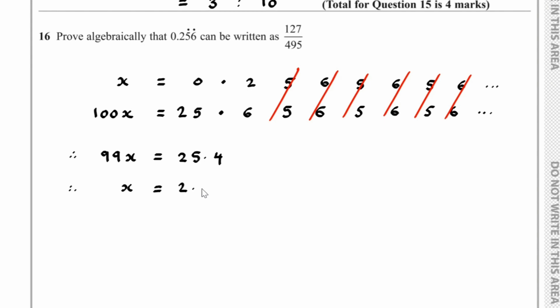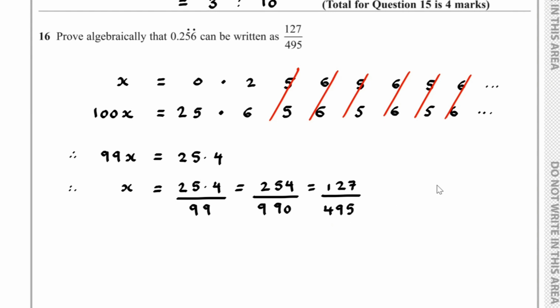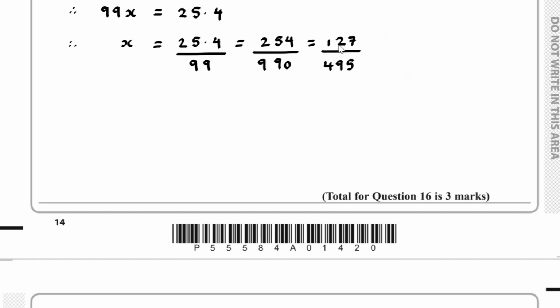X is equal to 25.4 over 99, which is the same as 254 divided by 990, which is the same as 127 over 495. So I've got x equals 127 over 495, which is what I wanted to show.